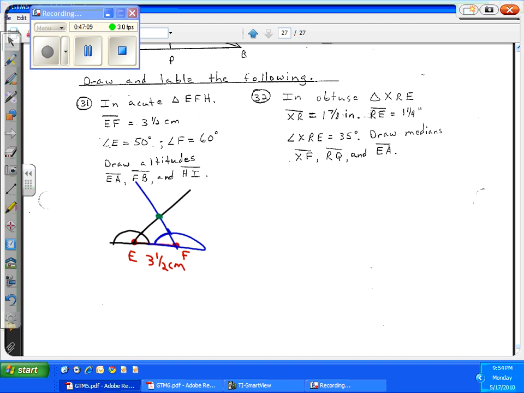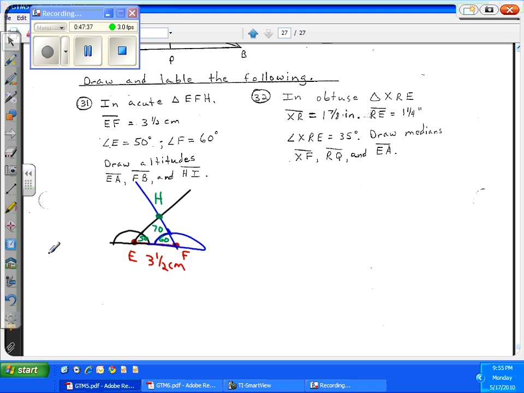The point where those two hit would be your other vertex H, so you'd have triangle EHF. It would be an acute triangle with E being 50, F being 60, and H being 70. You would draw altitudes EA, FB, and HI.